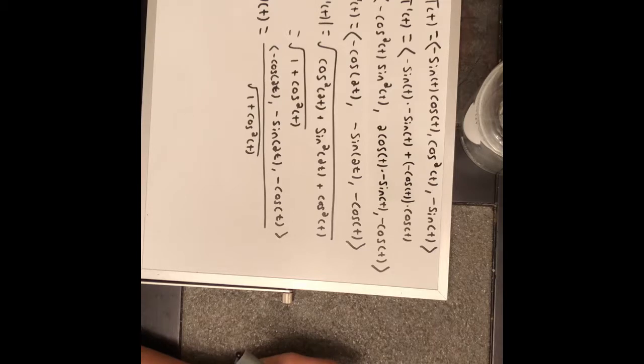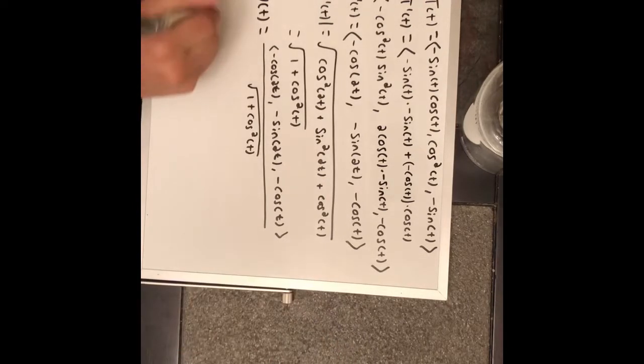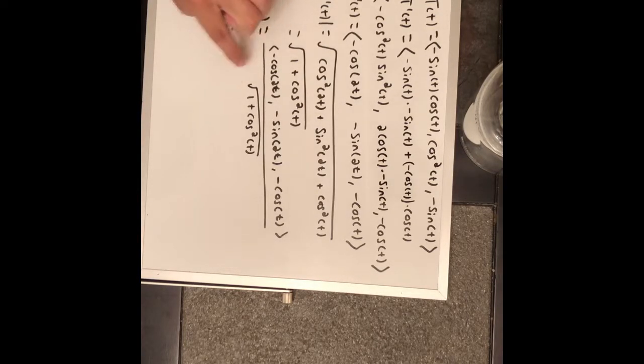So we want to find the binormal vector of t, which is the tangent unit vector crossed with the normal unit vector. But since we are trying to solve for the equation of the plane, we are gonna take this normal vector at point 0, because we had already taken the unit tangent vector of t at point 0. So I'll plug 0 into everything. Negative cosine of 0 would be a negative 1.